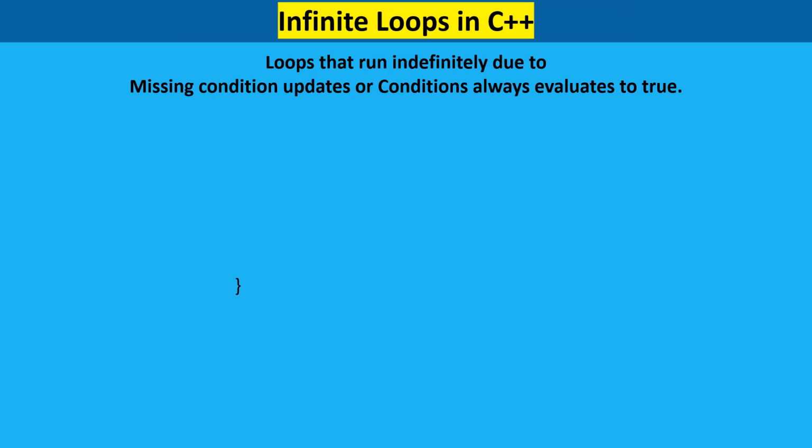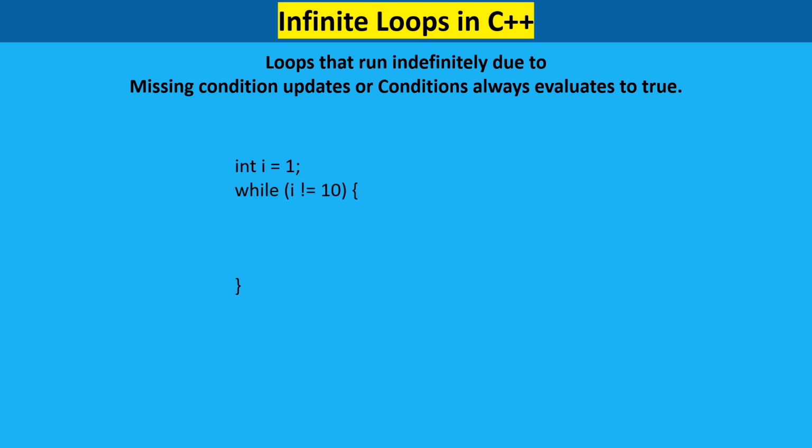Infinite loops in C++. These are loops that run indefinitely due to a missing condition update or conditions that always evaluate to true. So int i = 1, the variable is initialized to 1, this is the starting point of the loop.